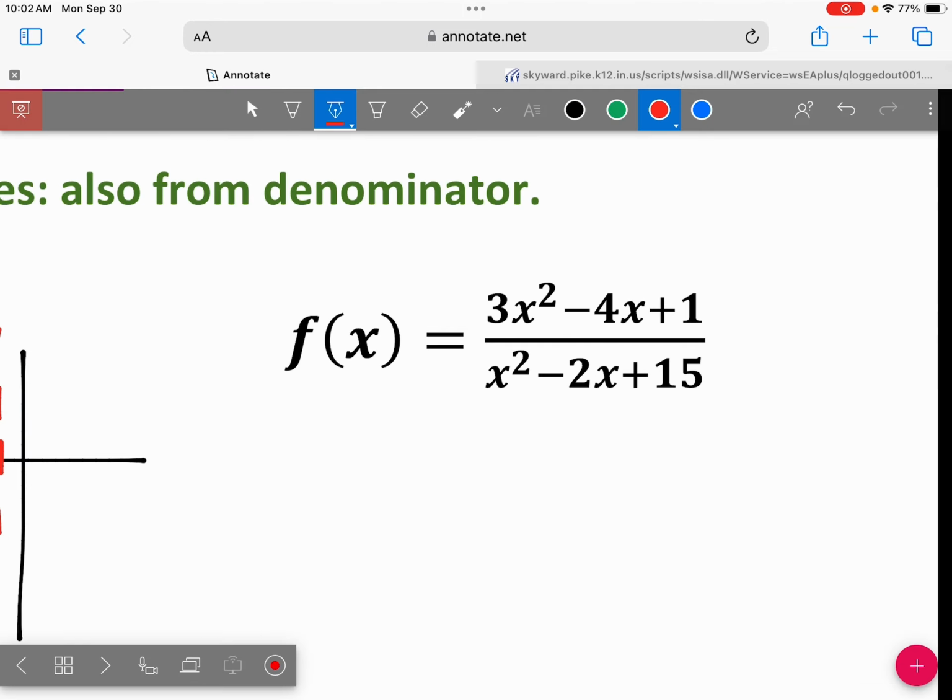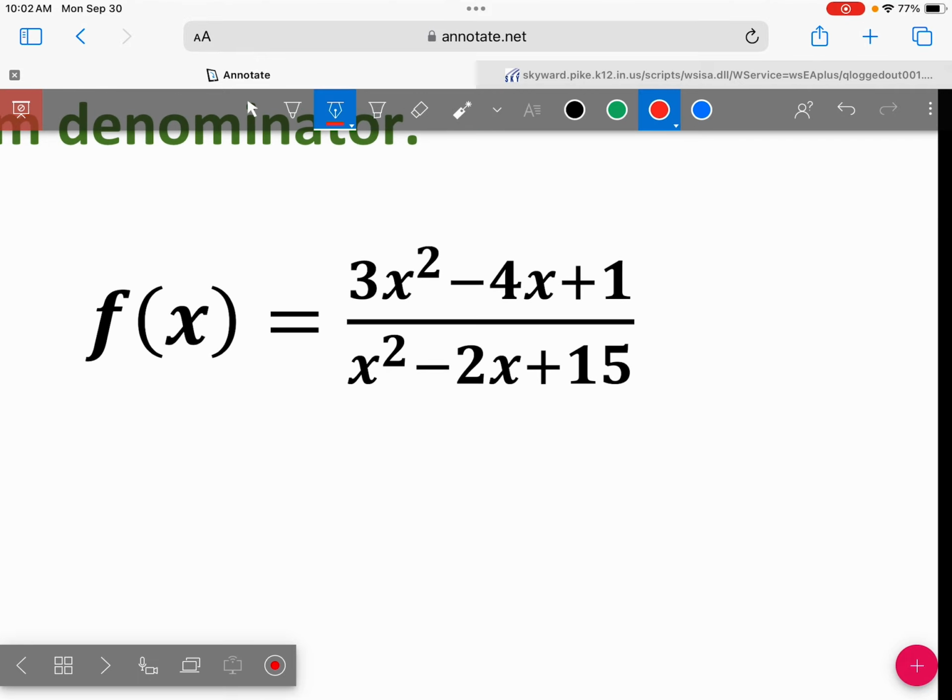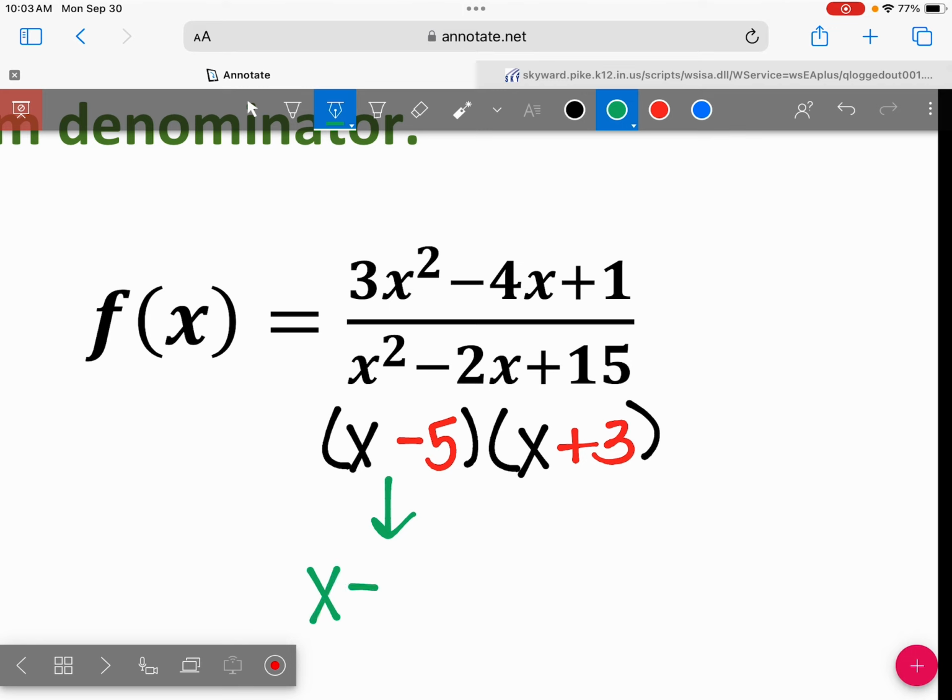For the second one, though, we actually have two vertical asymptotes because we have a quadratic. So when we factor this down, this would factor down to x minus 5 and x plus 3, which means that we would have one vertical asymptote at x equals positive 5 and another one at x equals negative 3.